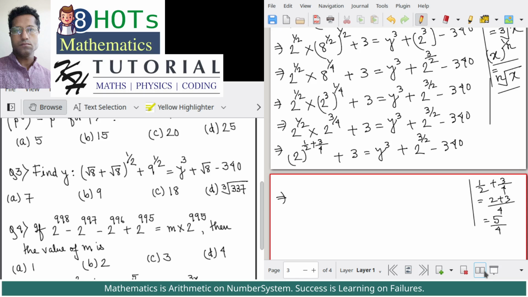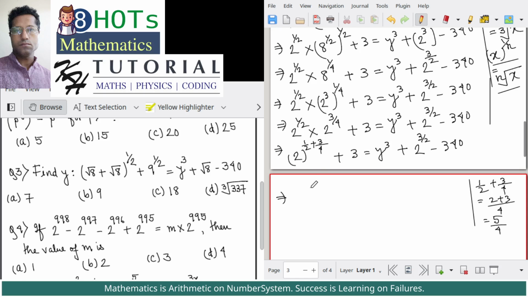So if I transpose 340 to the left hand side it will be 343. To make 347 we will need 4. 3 by 2. 5 by 4.